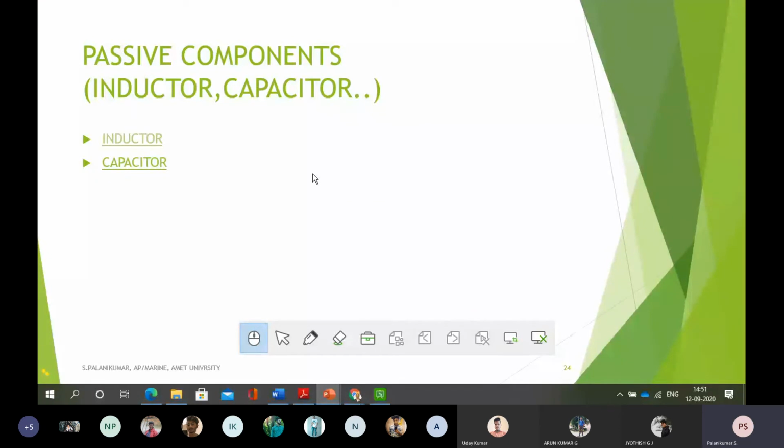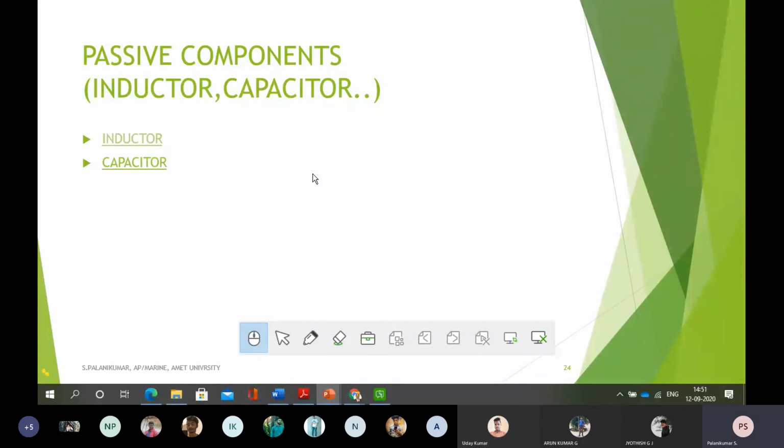The only difference between inductor and capacitor is that an inductor stores energy in the form of a magnetic field, whereas a capacitor stores it in the form of an electric field itself. It is capable of storing electrical energy directly. It will not be converted to any other form. Directly it is stored as electrical energy. So we can use it in the same way we use an inductor.